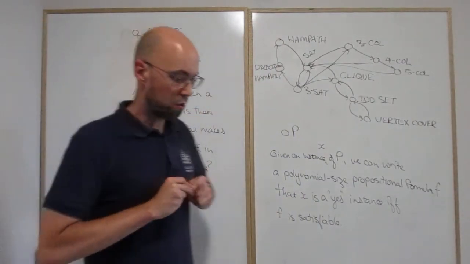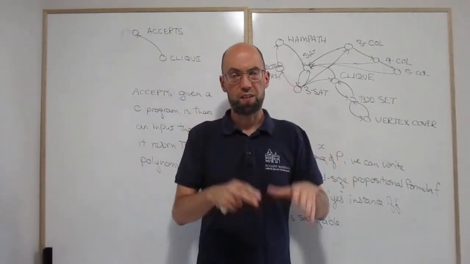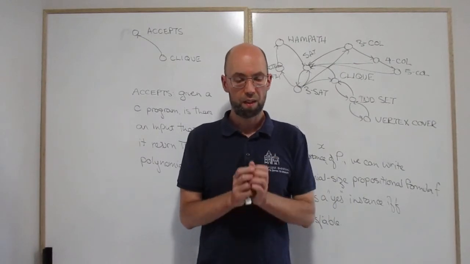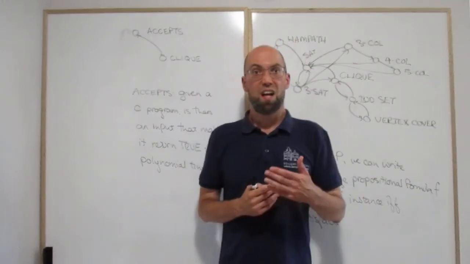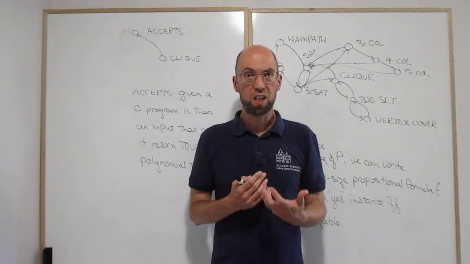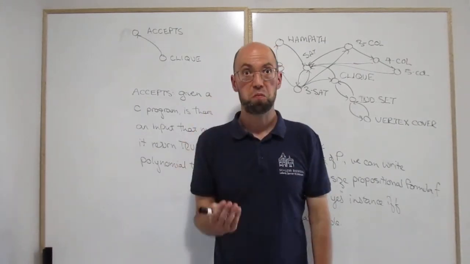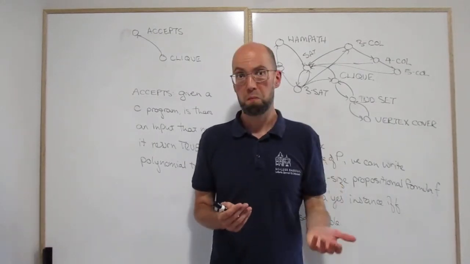So you would write a program, you would hard code the graph G and the integer k into the program, right? And so now it's going to read an input, and if that input is a clique of size k, it's going to say yes. And if it's not, it's going to say no.